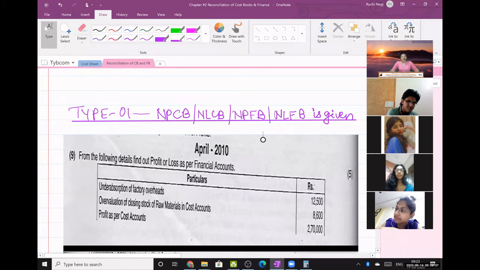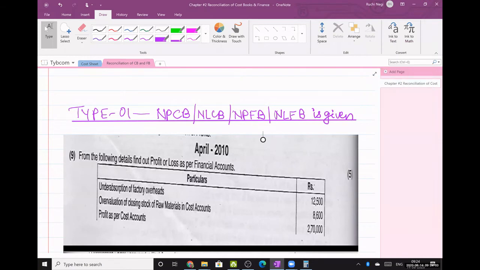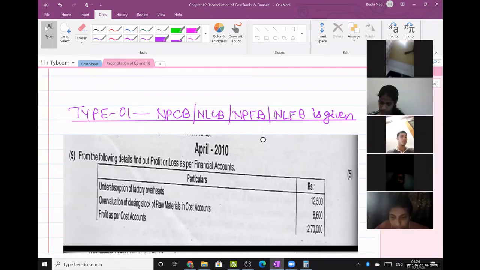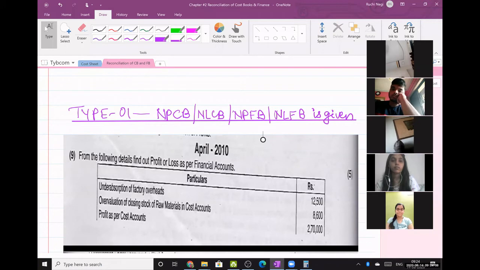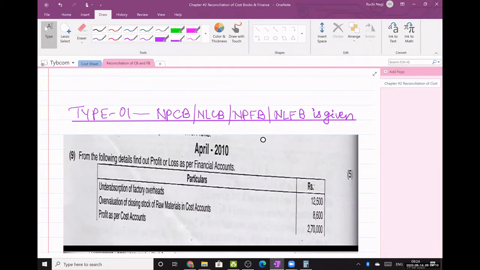Use these abbreviations. NPCB, net profit as per cost books, NLCB, net loss as per cost books, NPFB, net profit as per finance books, NLFB, net loss as per finance books is given. ओके, तो steps भी आप साथ साथ में बेटा लिख लेना आप लोग सब लोग.